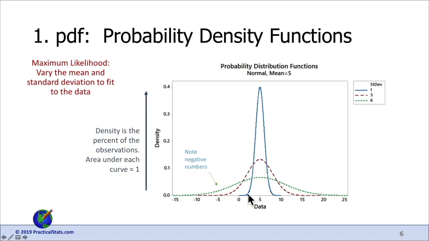I do have a note here that particularly for the normal distribution, if you get a larger standard deviation, you'll often see the curve go down past 0.